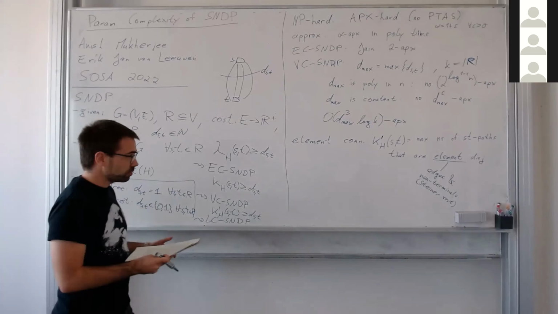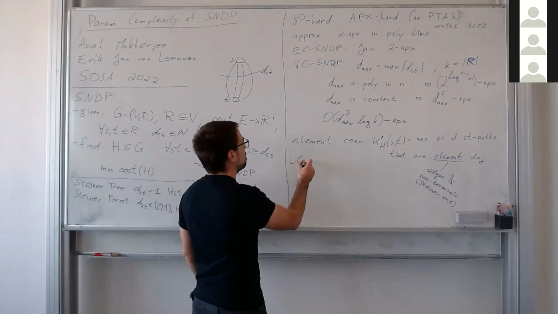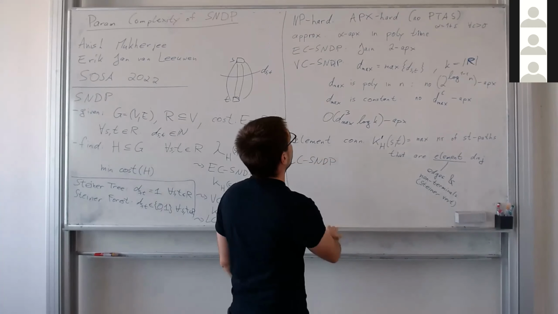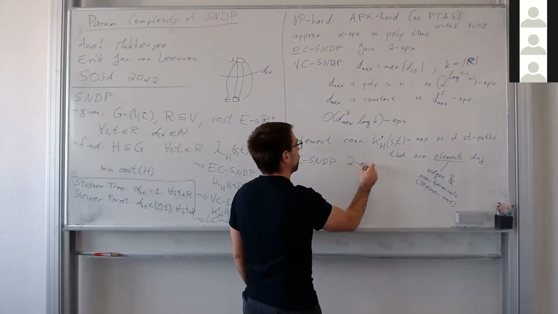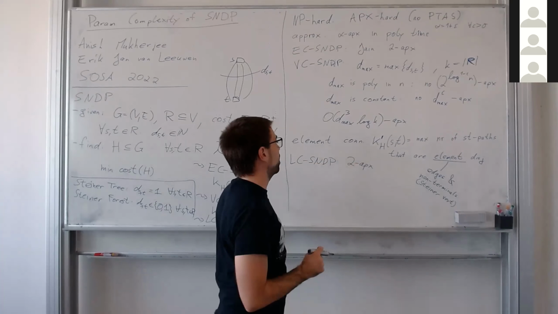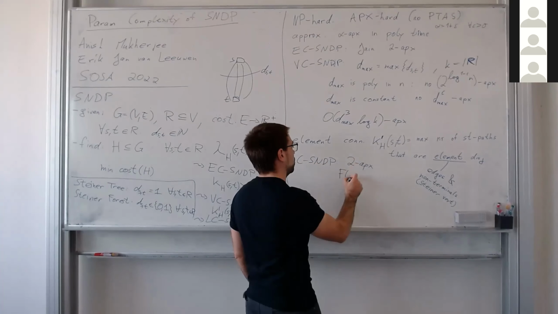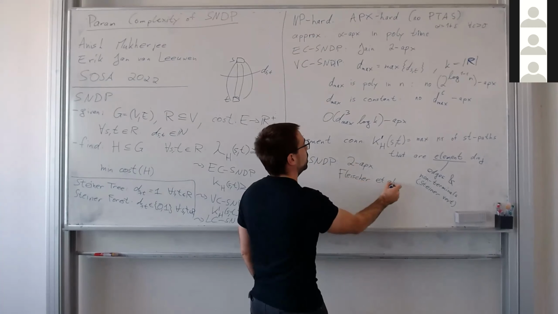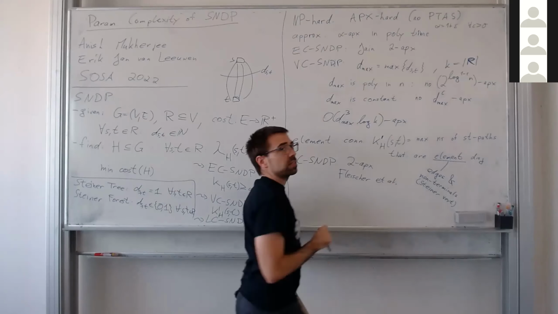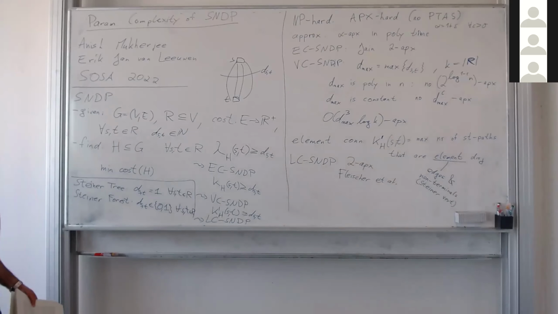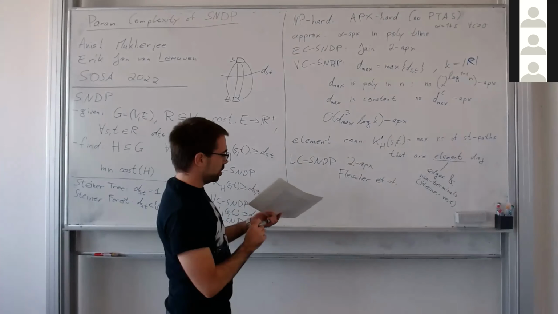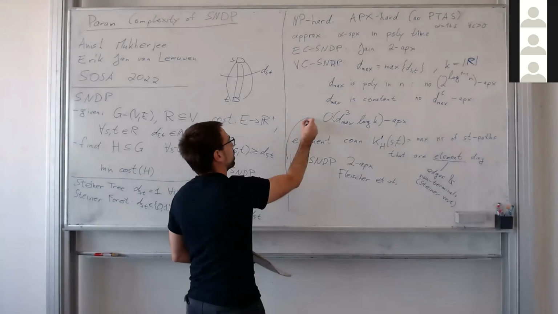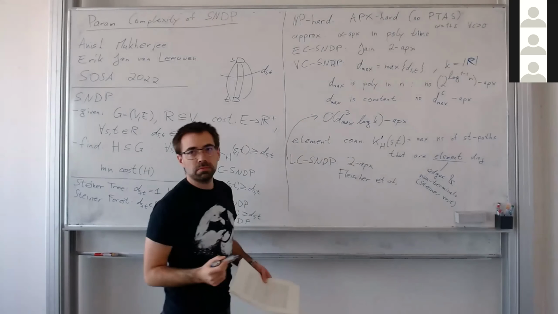Okay. And the thing is that for element connectivity SNDP, we have a two approximation, which I think is given by Fleischer et al. It's essentially a generalization of Jain's algorithm, so it also uses iterative rounding. Okay, I won't go into the details.